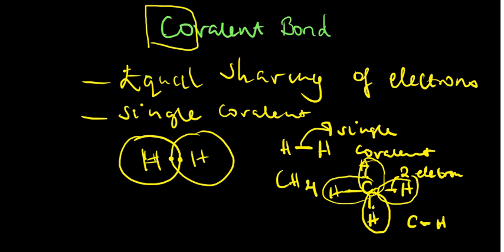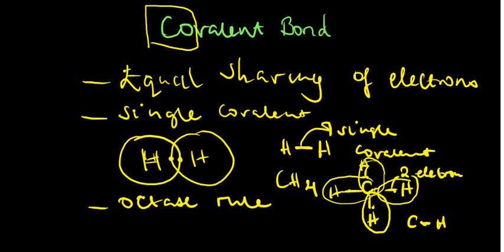This is how the bonds are shared, and always remember that when bond formation is taking place, every atom wants to attain what we call the octet rule. This is more explained in chemistry than in biology, but we'll look at it for the sake of understanding this concept.